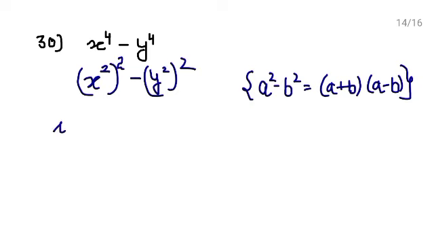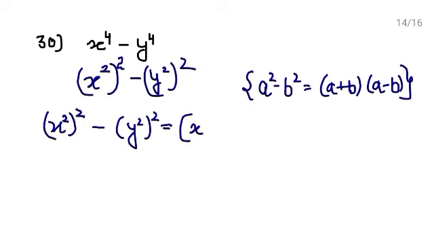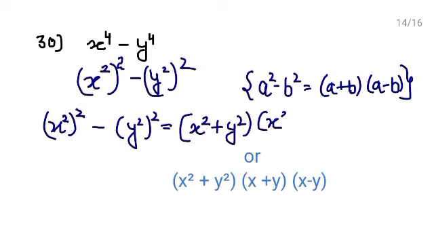So this is x square whole square minus y square whole square is equal to, write in the form of a plus b into a minus b. What is a here? (x square plus y square) into (x square minus y square).